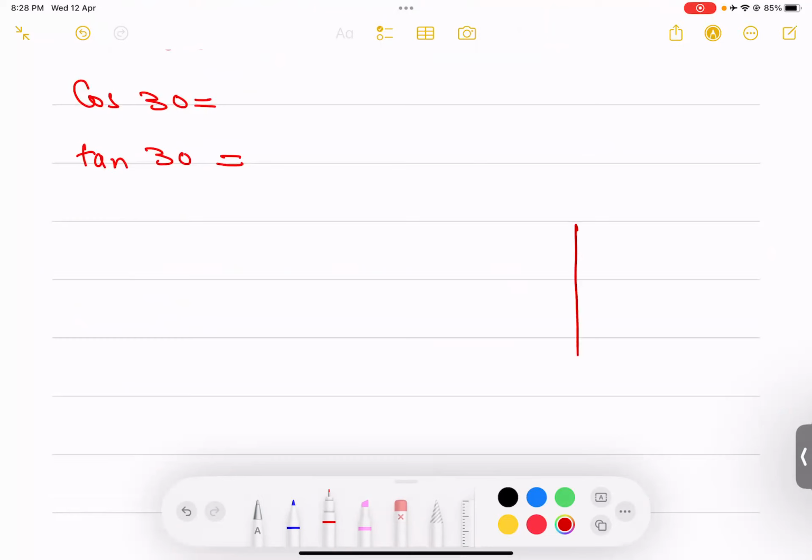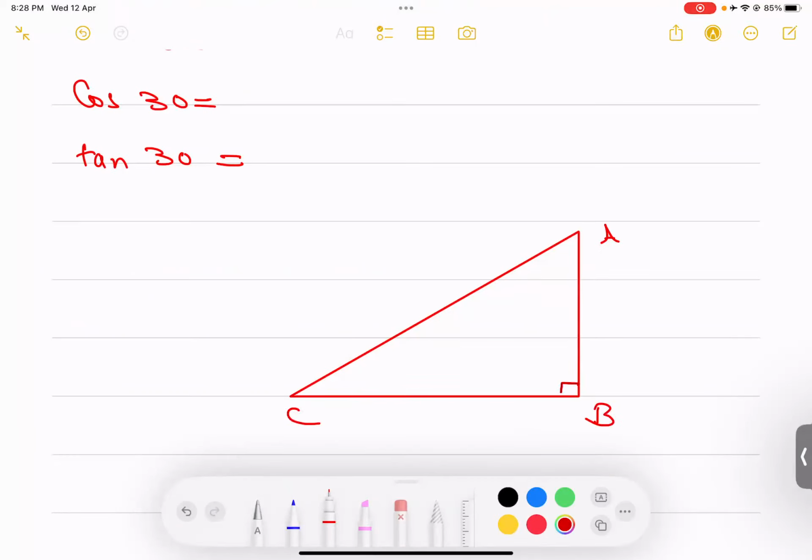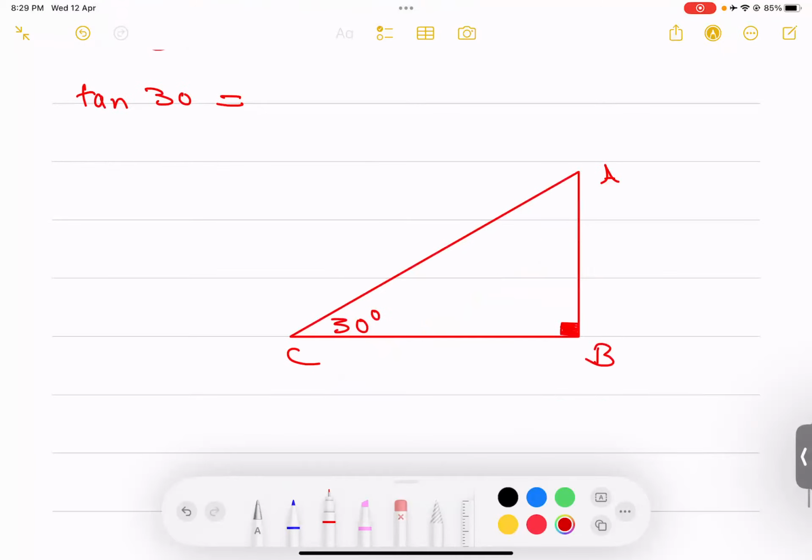Whenever you have a right angle triangle like this, this part is 90. I told you that we have a right angle triangle at the beginning, so I tried to write a little square to identify that we are dealing with a right angle triangle. And all of a sudden we have 30 degree, and he told me that this part is 12 centimeters. And I don't have any other thing.